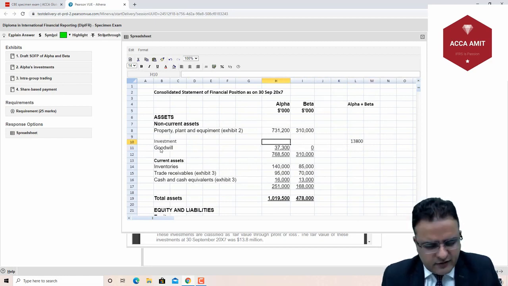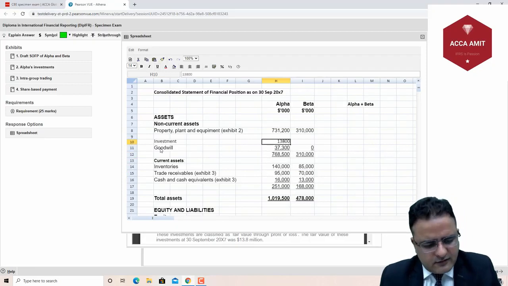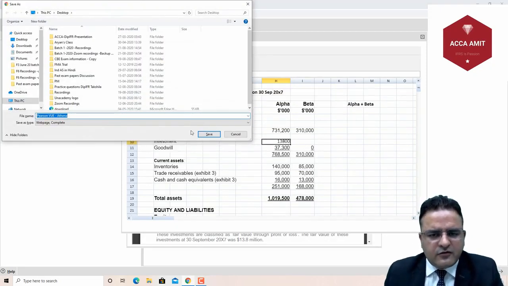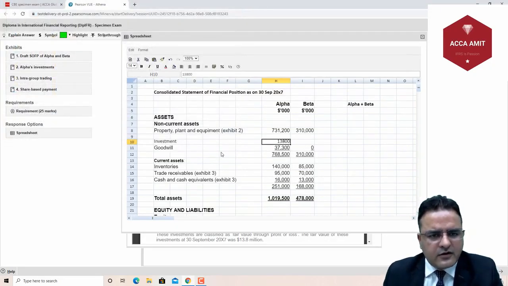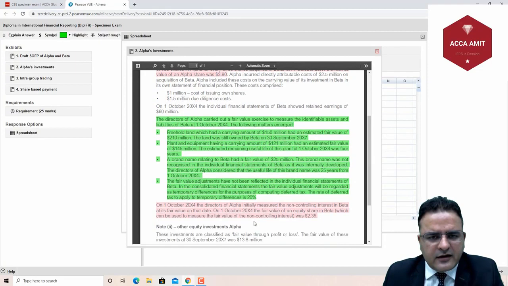Alpha's other investment is 13,800. Total investment of Alpha is 236,500, out of which 2,34,000 we have catered to, 13,000 we know, 2,500 is here in 1 million cost of issuing on shares and 1 million due diligence cost.